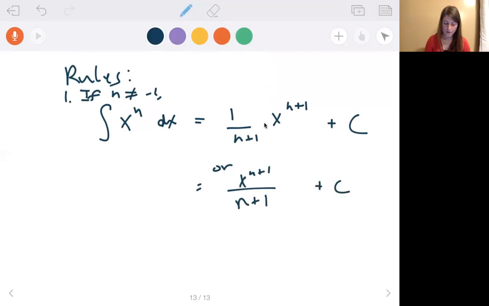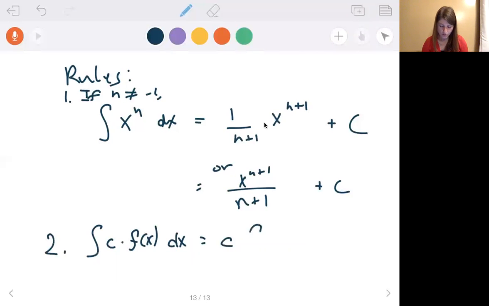Either way. Now, we also have the idea of pulling out constants. And we mentioned this already, but in formal notation, what it means is if you have c times f of x, you can pull your constant out of your integral and essentially ignore it.